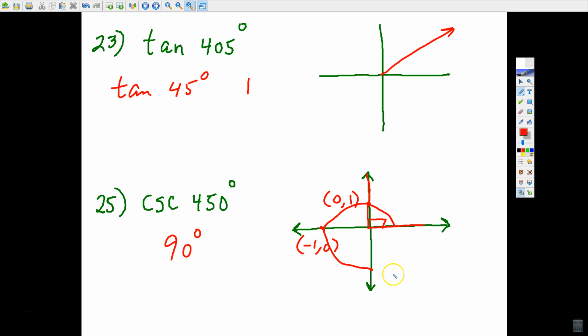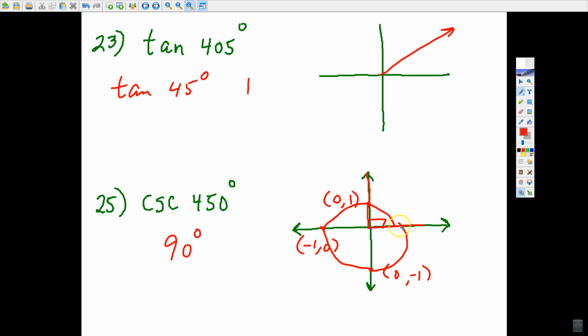What do you think cosine 270 degrees is? Well, what's that ordered pair right there? If we're 1 unit from the origin, 0, negative 1. So what's cosine 270? Yeah, it's just the x-coordinate. What's sine 270? Negative 1.